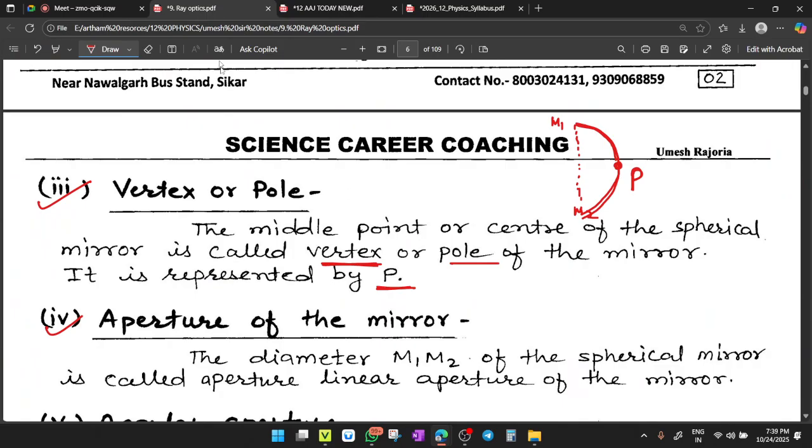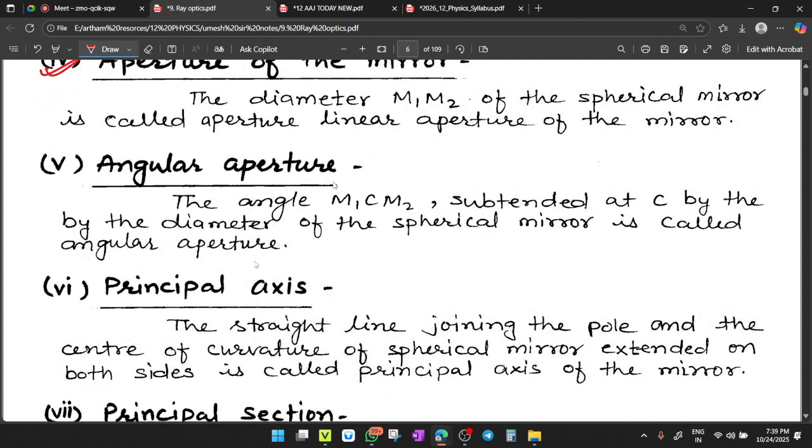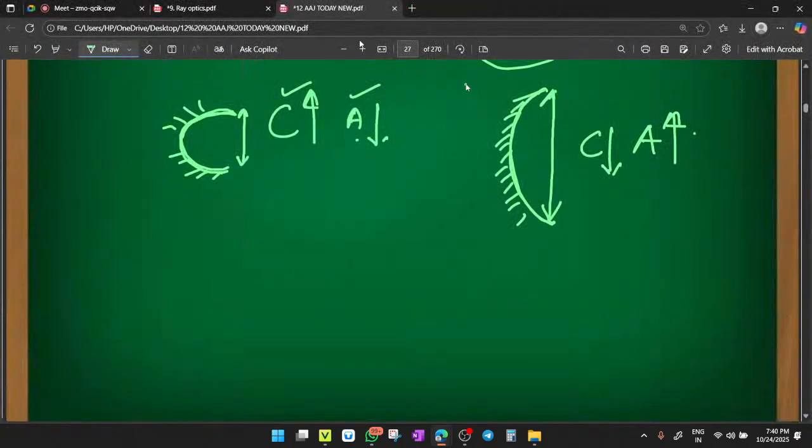So next, aperture of the mirror. The diameter M1 M2 of the spherical mirror is called aperture or linear aperture of the mirror. Now, angular aperture: the angle M1 C M2. This total length is called linear aperture.